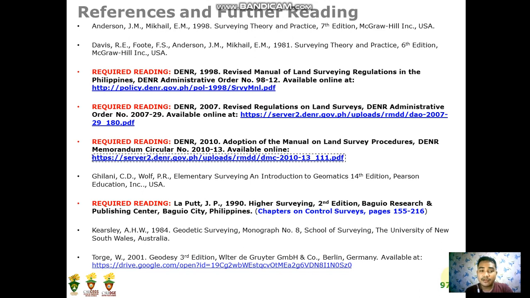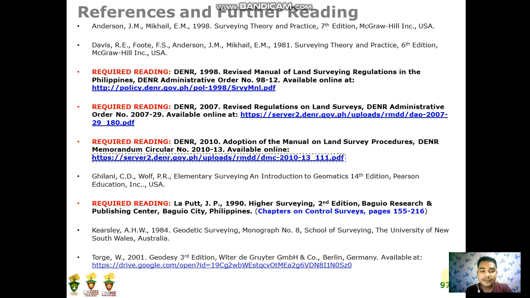I am going to require you to read the DENR 1998 Revised Manual of Land Surveying Regulation in the Philippines, or DAO 1998-12, available at this website. Another is from DENR 2007, the Revised Regulation on Land Surveys, DENR Administrative Order number 2007-29, also available online.